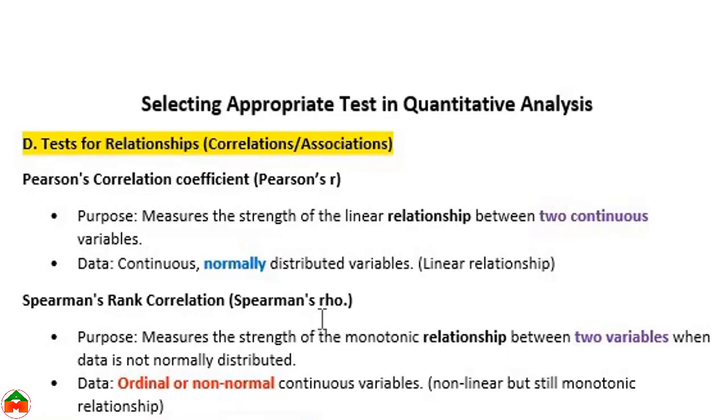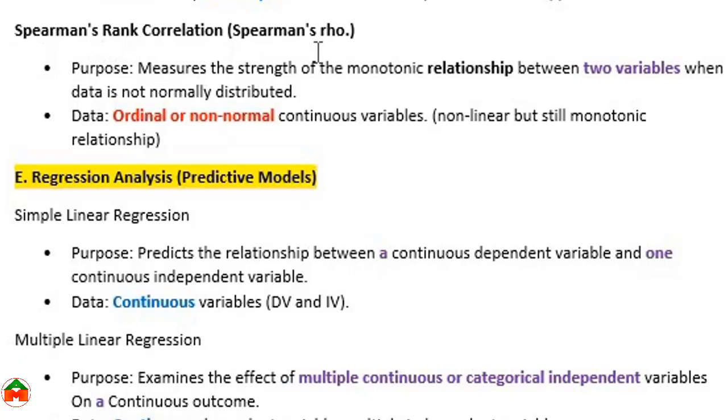That means if you have an intention to find out the correlations or associations between the continuous variables, and if your data is normal, then apply the Pearson correlation. On the other hand, if your data is non-normal and you want to know the correlation, then you have to apply the Spearman's rank correlation test.